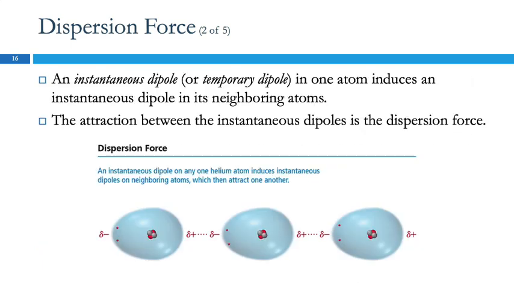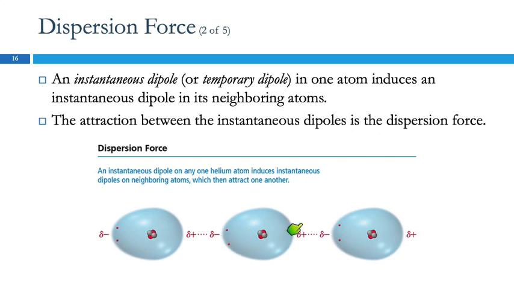So an instantaneous or a temporary dipole happens when we have an interaction between one atom or molecule that is temporarily lopsided and a neighboring molecule. So this one just happened to be lopsided, and then the positive end of that atom is going to attract the electrons of a neighboring atom and cause this one to also be lopsided.